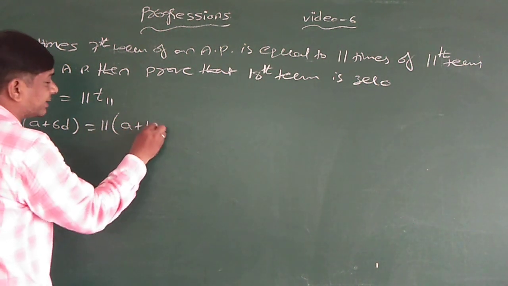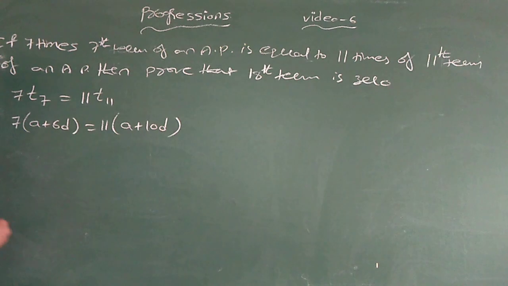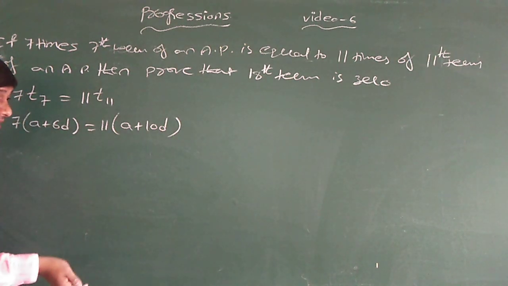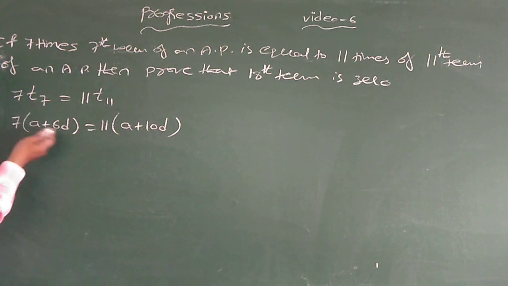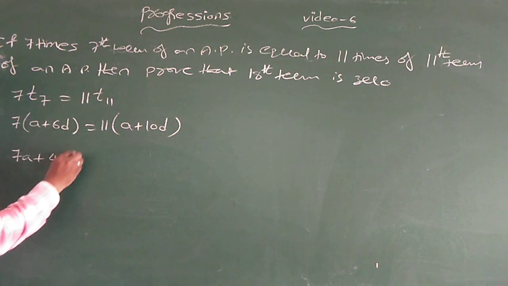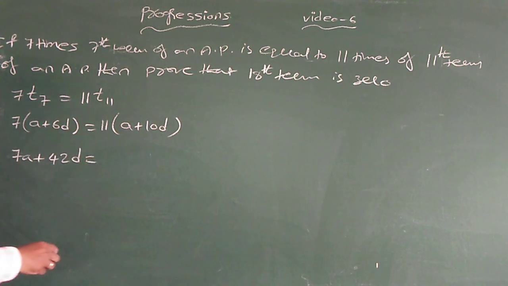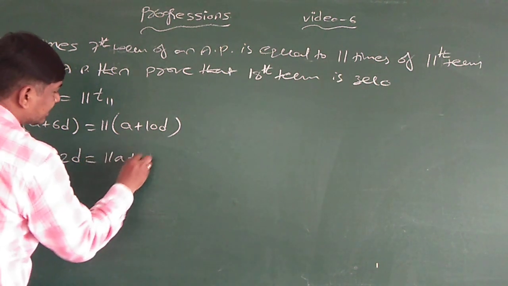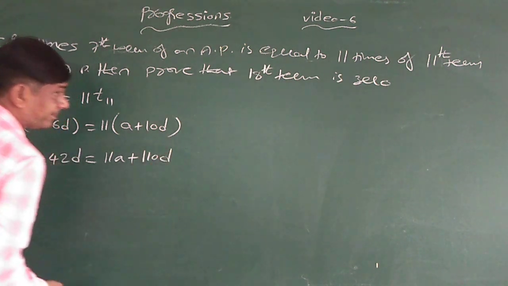Now simplify it. The 7th term means a plus 6d, and the 11th term means a plus 10d. So 7a plus 7 times 6, which is 42d, is equal to 11a plus 11 times 10, which is 110d.